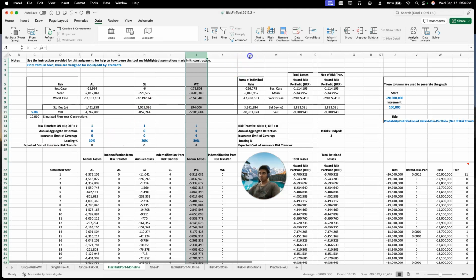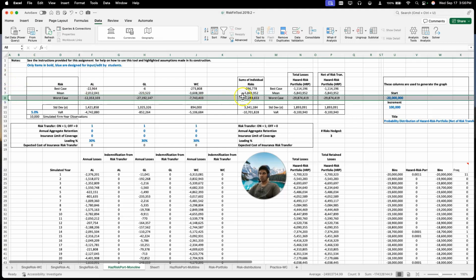So now you might be looking, what is this number, 47 million? 47 million comes from adding 27 plus 7 plus 12. These three numbers for your worst case. That's what 47 million comes from. Now, what about this 29 million?